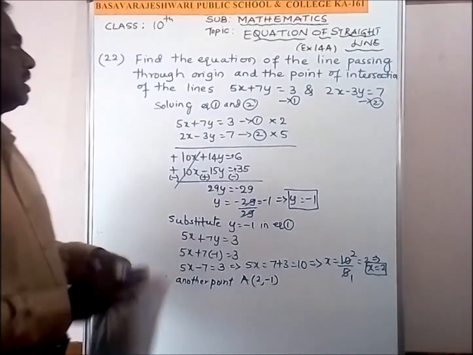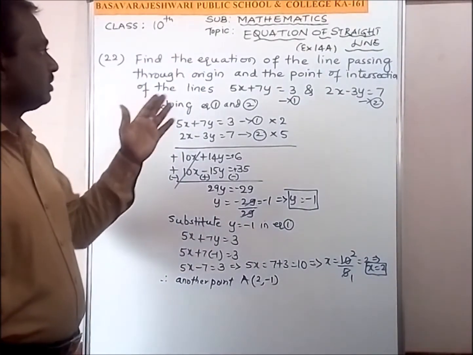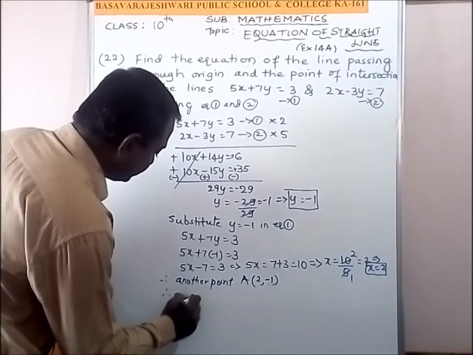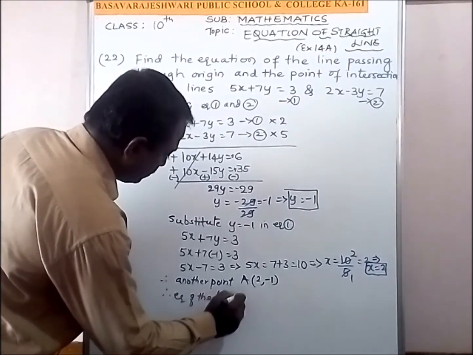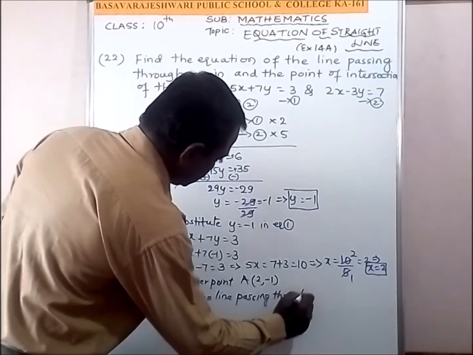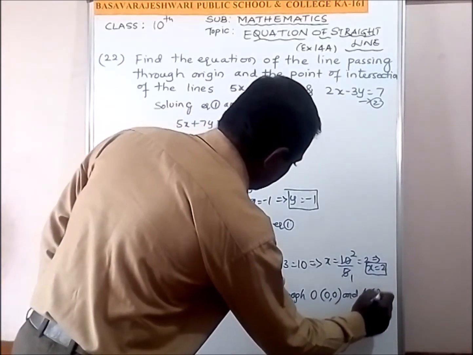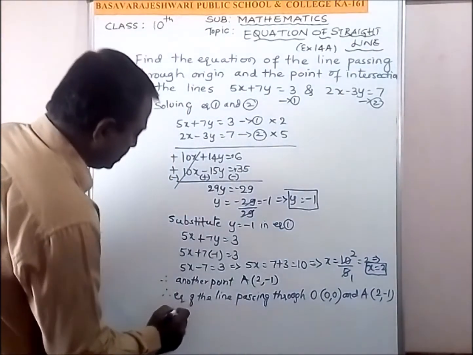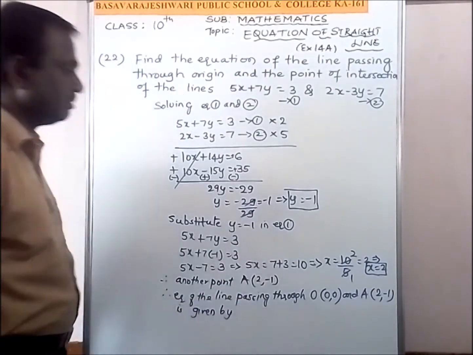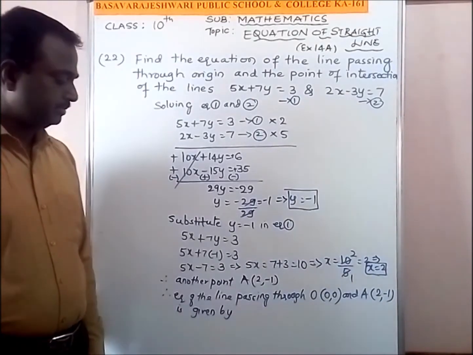So therefore, now we have the 2 points. Now we can find the equation of the line using the 2-point form. So the equation of the line passing through the origin and (2, minus 1) is given by, first you note down these points, okay?